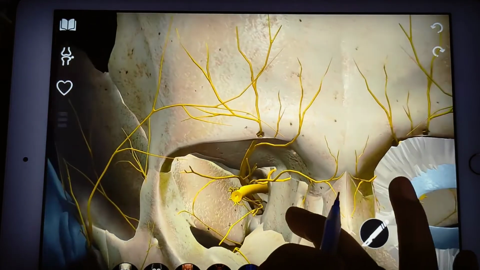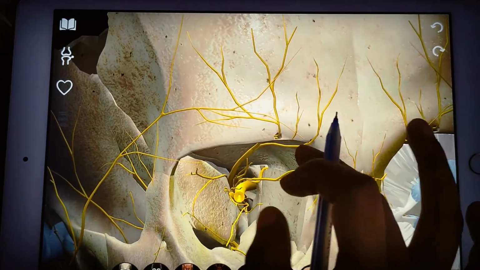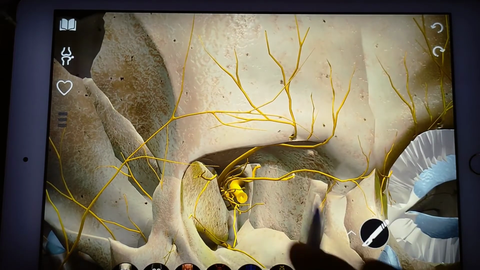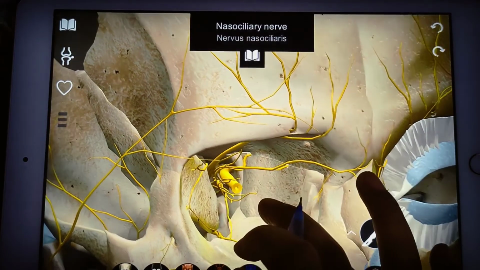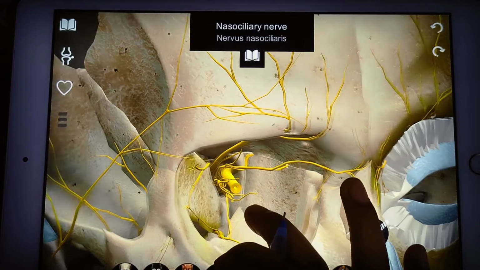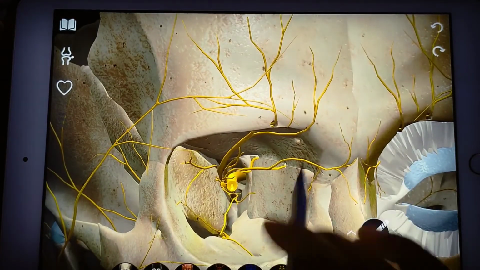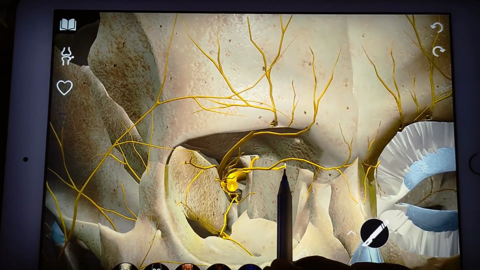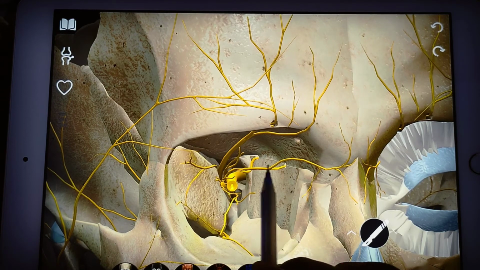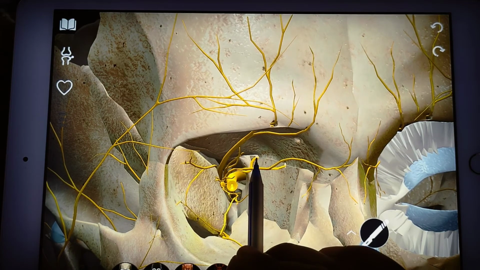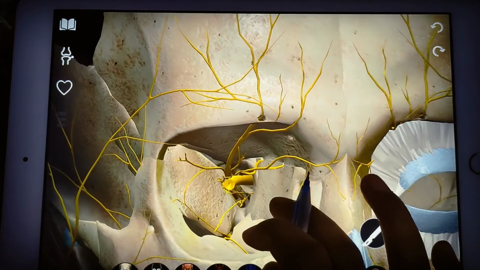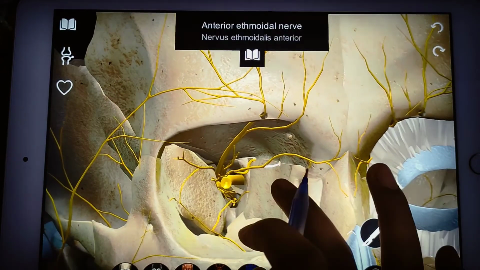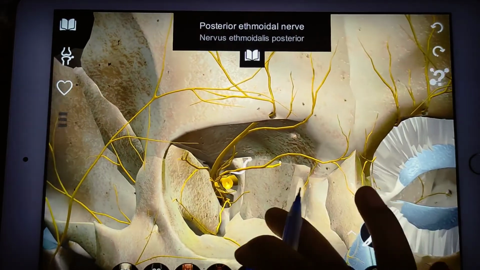The nasociliary division of the ophthalmic nerve goes to the nose through these two foramina. This is your anterior ethmoidal foramen, and this one is your posterior ethmoidal foramen. The nerves of the same names are the anterior ethmoidal nerve and the posterior ethmoidal nerve.